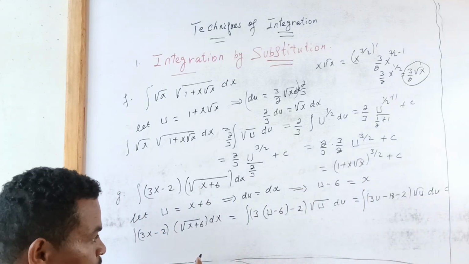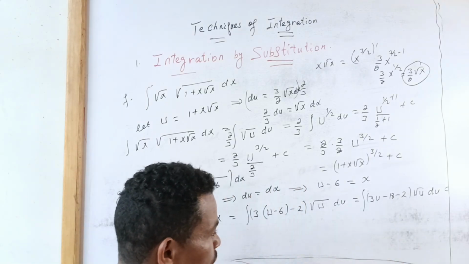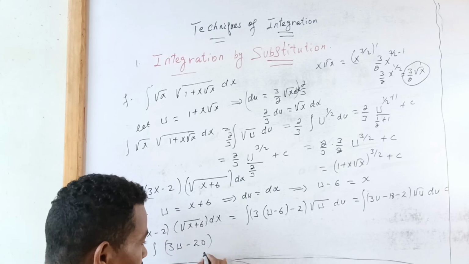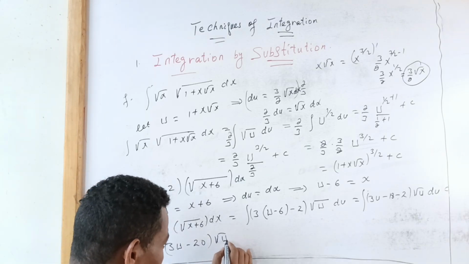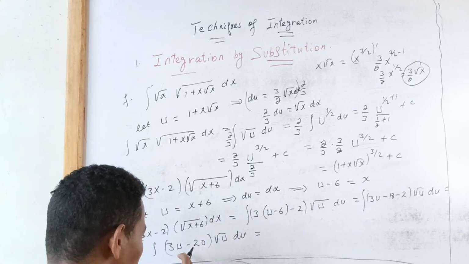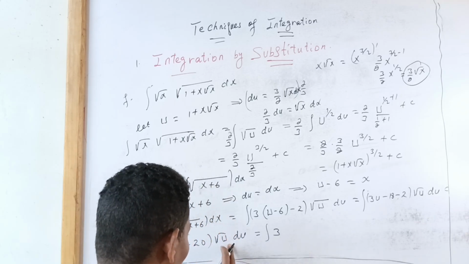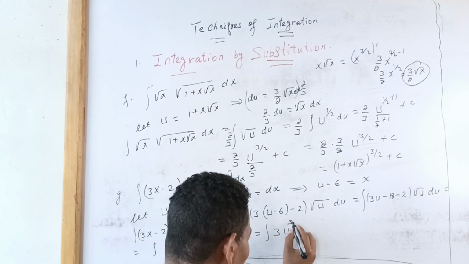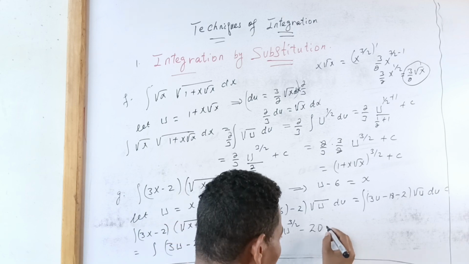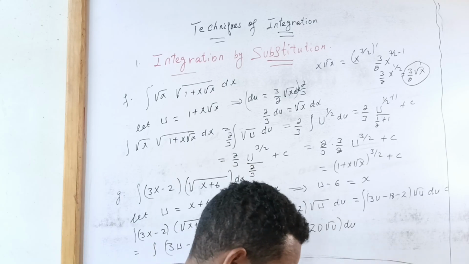This is equal to the integration of 3u minus 20 times radical u du. This is equal to 3u times radical u, which is u to the power of 3 over 2, minus 20 radical u du.